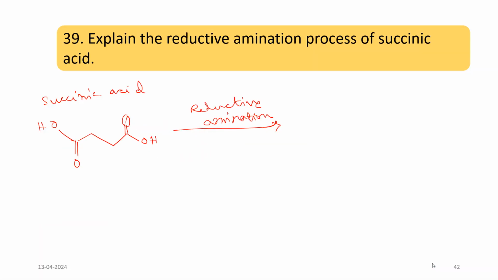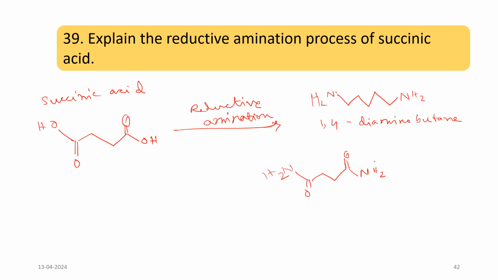So the first product is this, 1,4-diaminobutane, right? Also, it can produce this structure, that is succinimide.